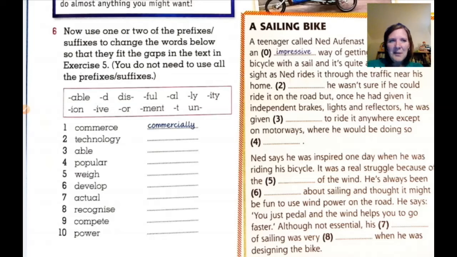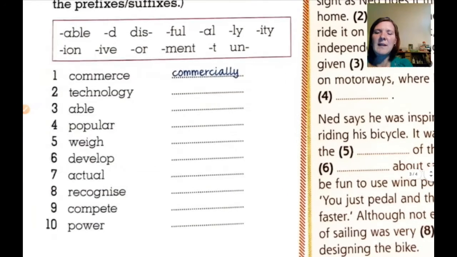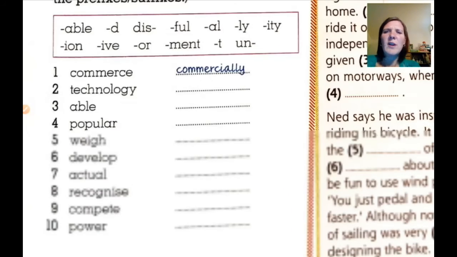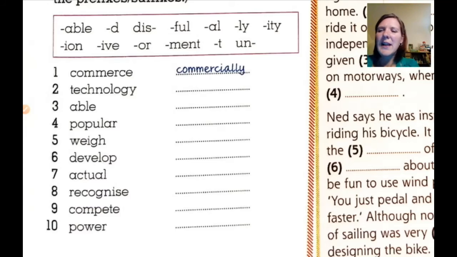Okay, pause it now, do it, and then the answers will come next. Okay then, so let's fill in our spaces here.